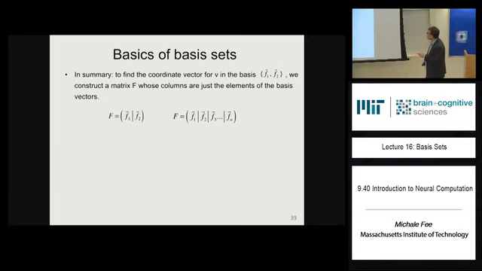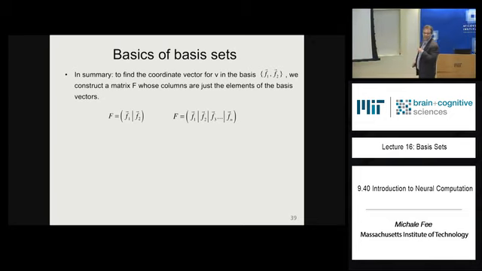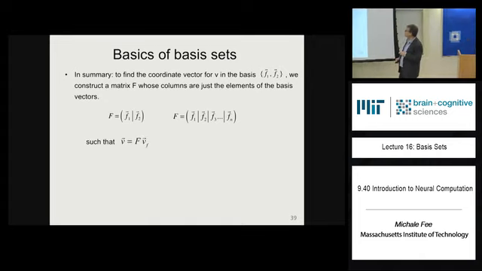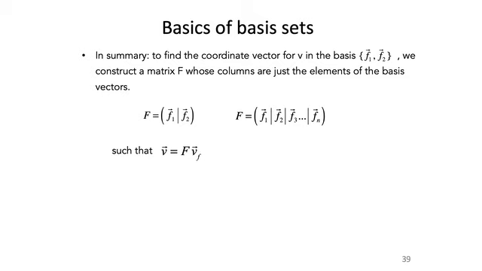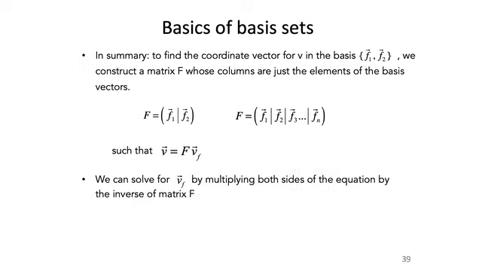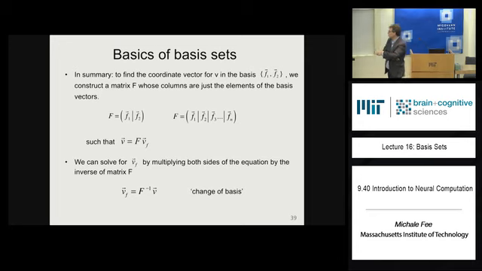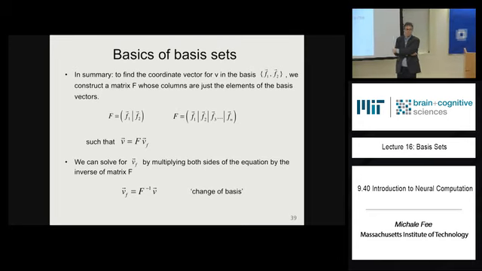In n dimensions, you have n basis vectors, each with n numbers, and so this matrix F is an n by n matrix. You know that you can write down v as this basis times v sub f. You solve for v sub f by multiplying both sides by F inverse. That performs what's called change of basis.